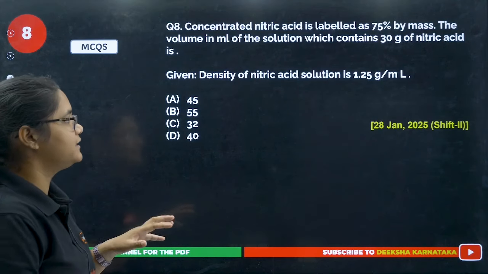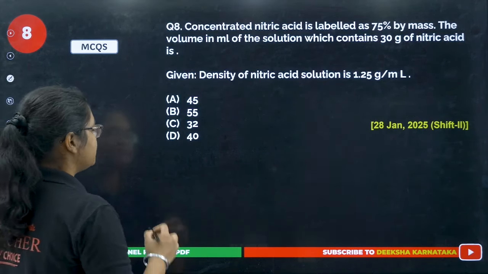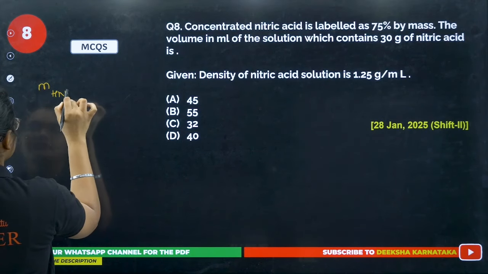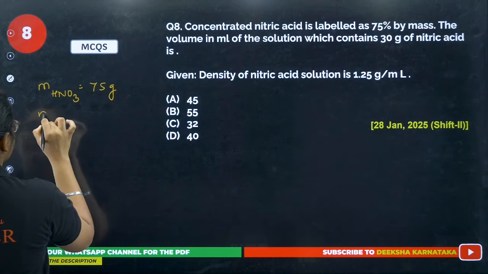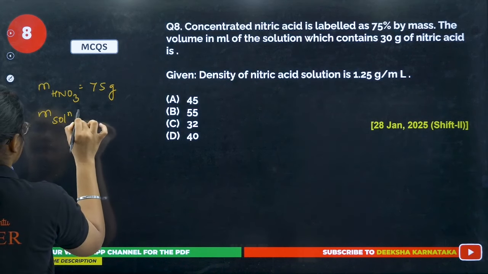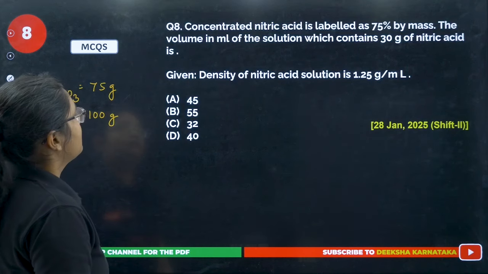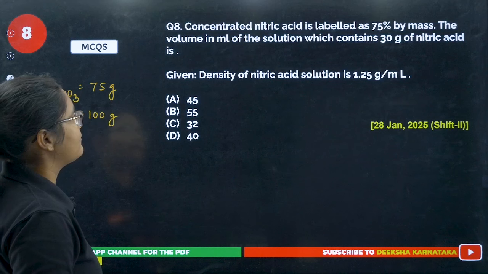Concentrated nitric acid is labeled as 75% by mass. Again, that means what? What is the mass of nitric acid? Mass of nitric acid is 75 grams. And what is the mass of the solution? That is 100 grams. Okay. The volume in ml of the solution which contains 30 gram of nitric acid.